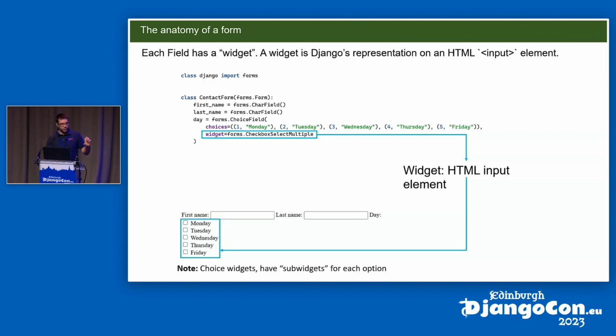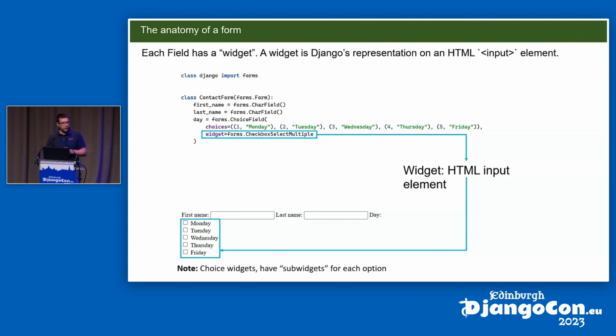So the widget is just those input elements. For choice widgets, you have a concept of subwidgets to give you each option within that overall widget. So for our first name and last name, the widget is just the input box, but for this choice widget, it's the collection of the parts.